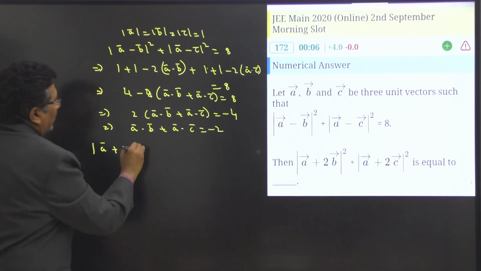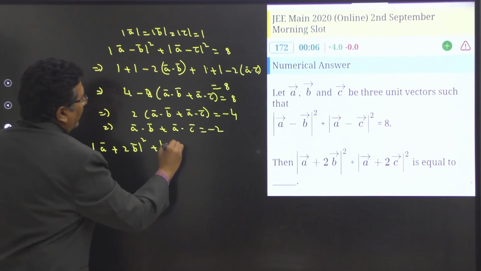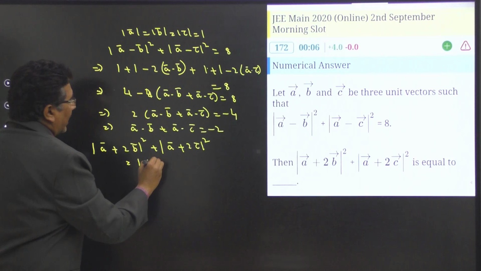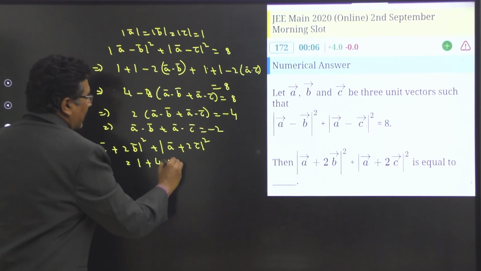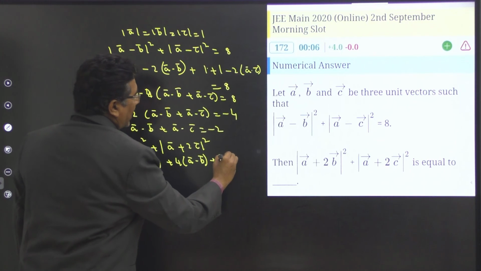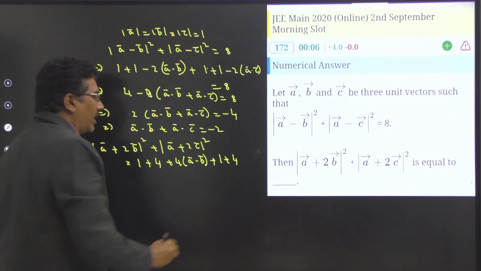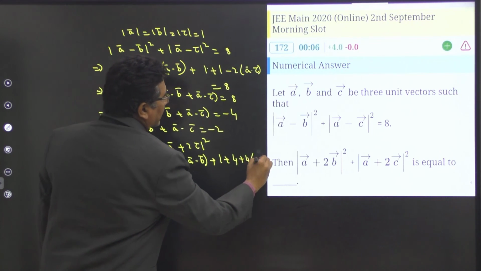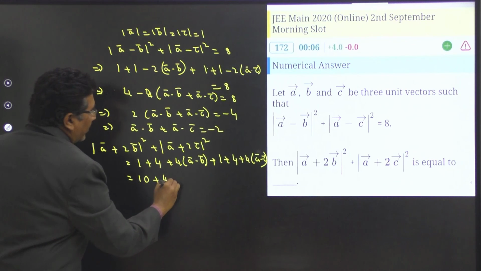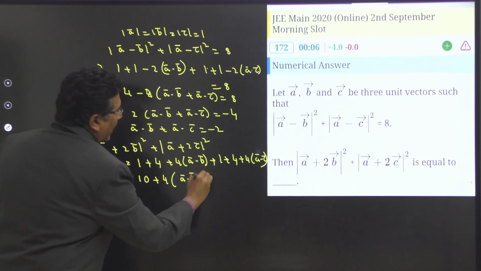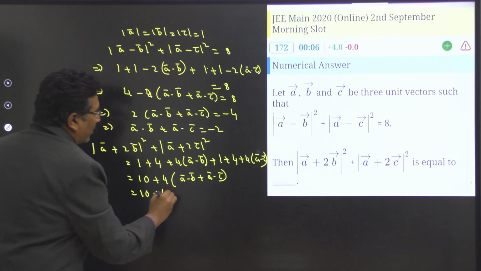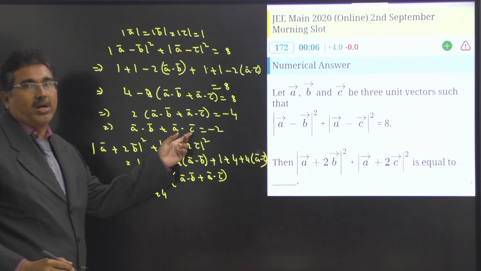Right? Now we want to find modulus of A bar plus 2B bar whole square plus modulus of A bar plus 2C bar whole square, that is equal to mod A bar square plus 4 into mod B bar square plus 4 into A bar dot B bar plus mod A bar square, that is 1, plus 4 into mod C bar square, that is 1, plus 4 into A bar dot C bar. 5 plus 5 is 10, plus 4 times A bar dot B bar plus A bar dot C bar, that is equal to 10 plus 4 into what is A bar dot B bar plus A bar dot C bar.